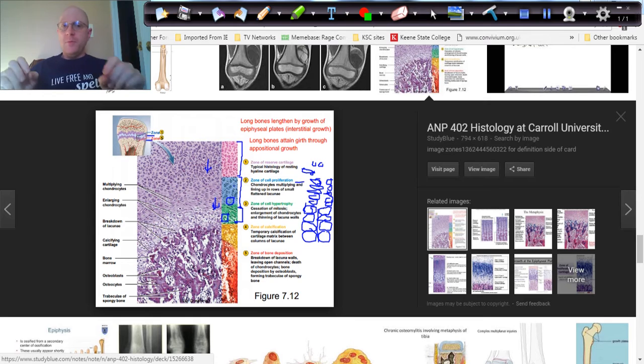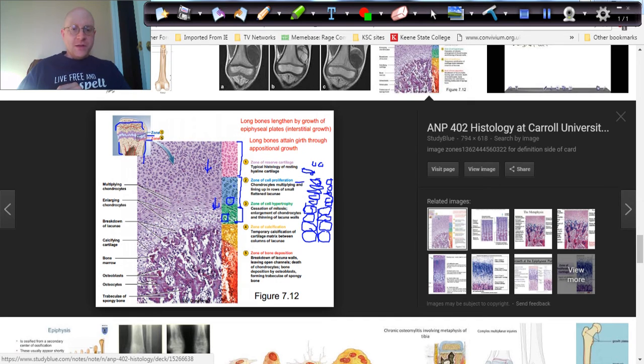But if you remember the endochondral ossification, before we hollowed out the interior of the cartilage, making the entire structure weaker, we first had to fortify the outside with a bony collar. Now here, there's already bone, making up the epiphysis and the diaphysis, but it's in this purple area here where it could become weaker if you eat away all the cartilage but don't fortify it first. So here's what's happening.